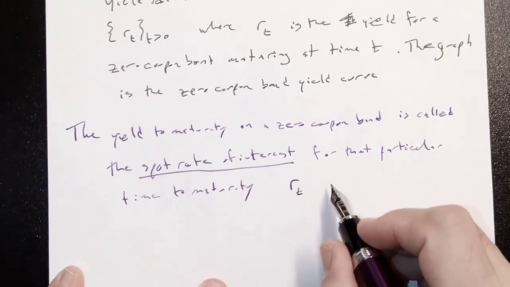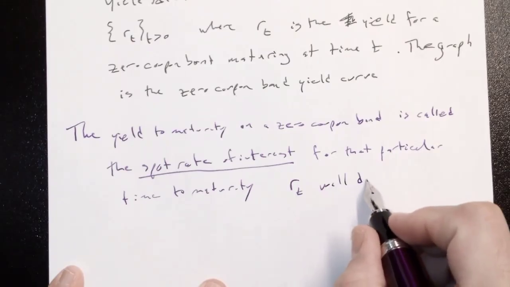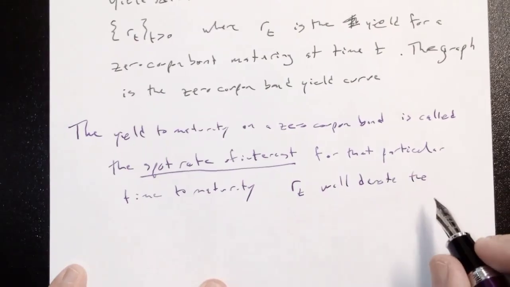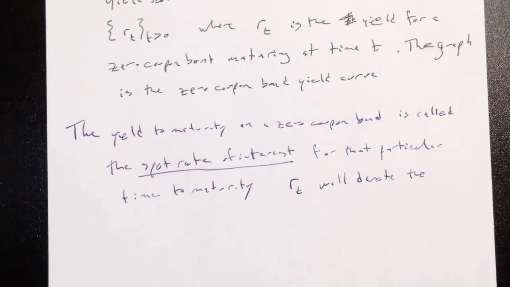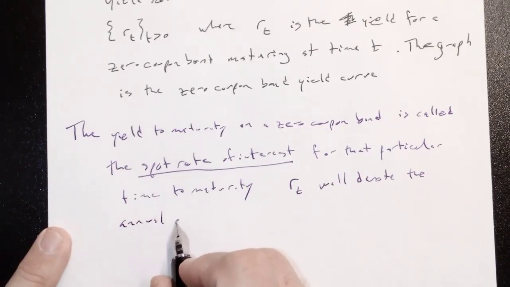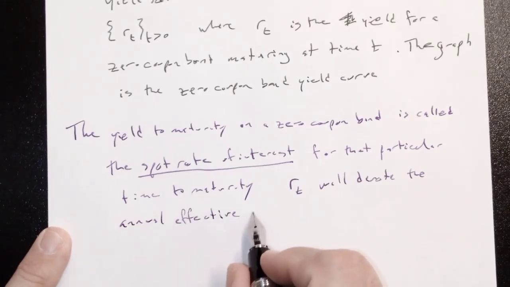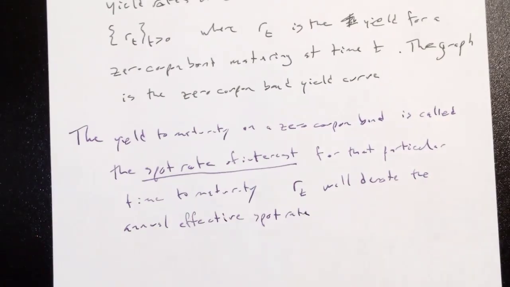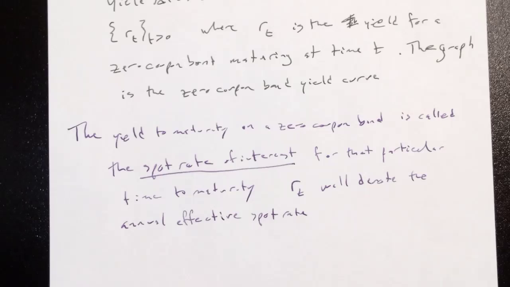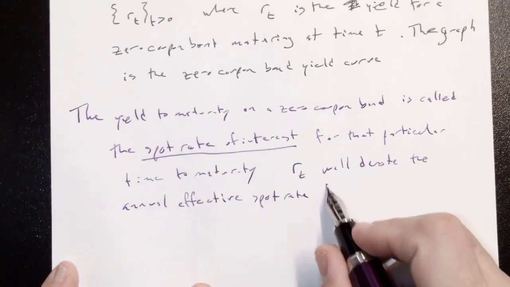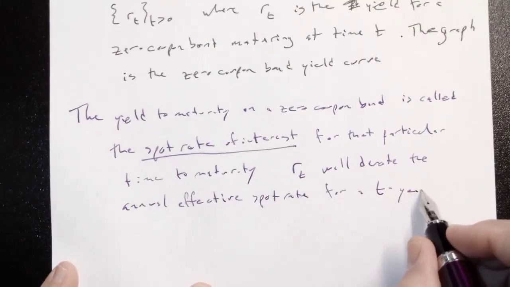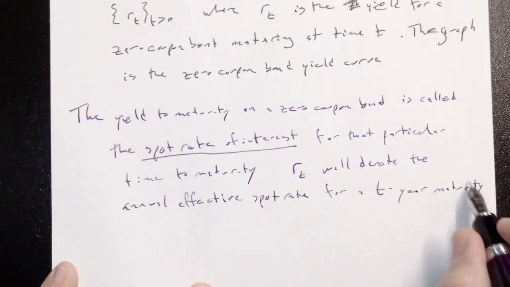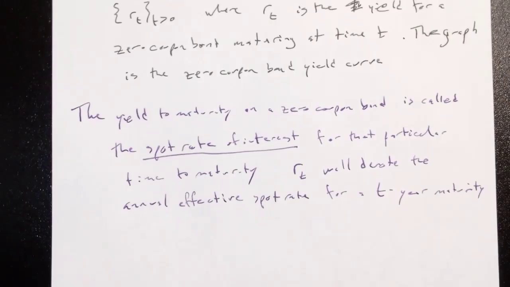R_T will denote the annual effective spot rate for a T-year maturity zero coupon bond. If I'm dealing in years, that means that the 6-month one is T equals 0.5. If I'm dealing in years, that 9-month one is T equals 0.75.